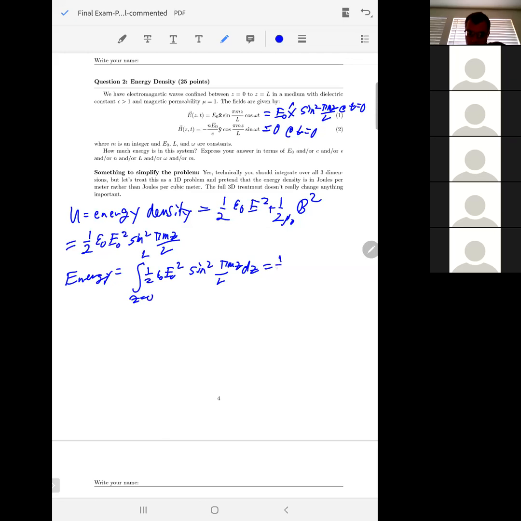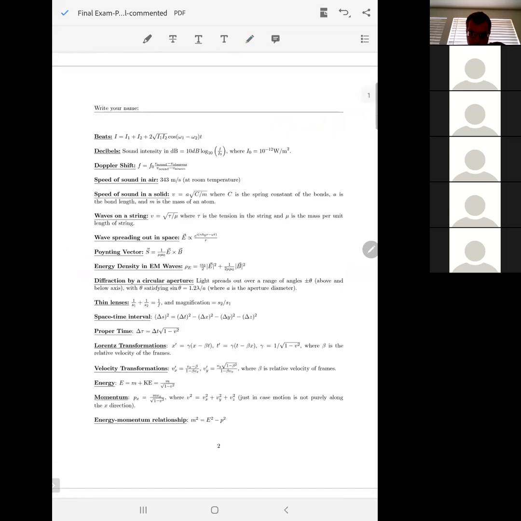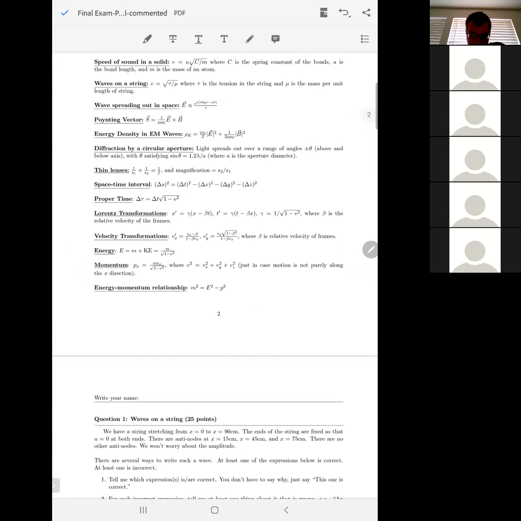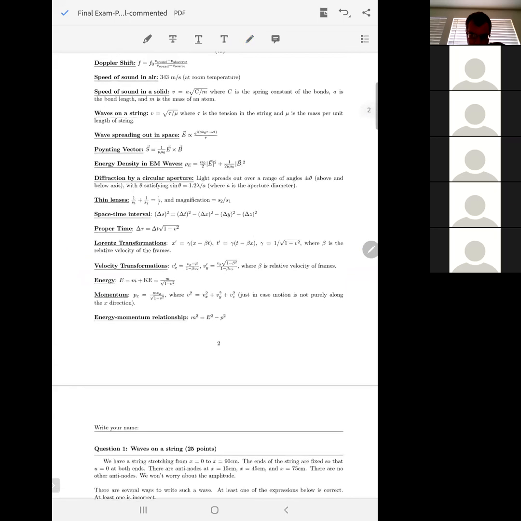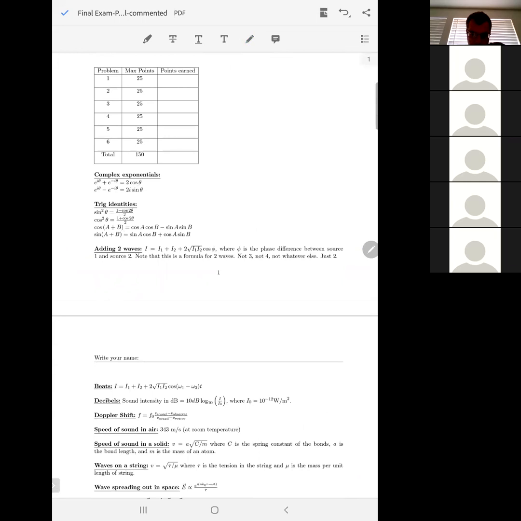So that's just going to be, well, now we have to use a trig identity, which was given somewhere at the beginning. Here, we are going to use this identity. Sine squared is just 1 minus cosine of 2 times whatever variable you're working with, all over 2.